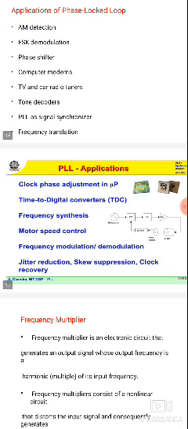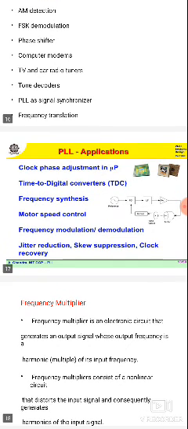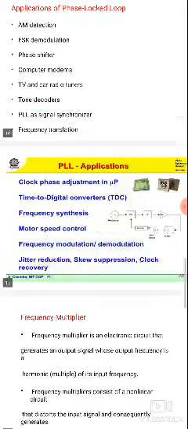Next, computer modems. A modem is a modulator and demodulator: modulating at the input section and demodulating at the output section. Then TV and car radio tuners, which are tuning circuits, tone decoders, and also signal synchronizers and frequency translation.